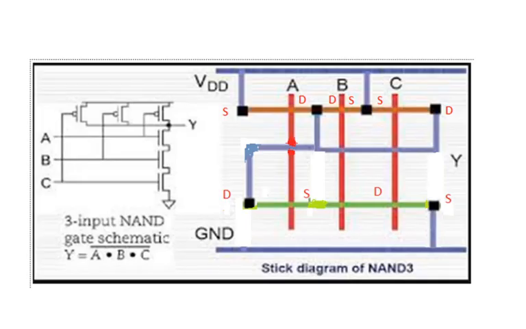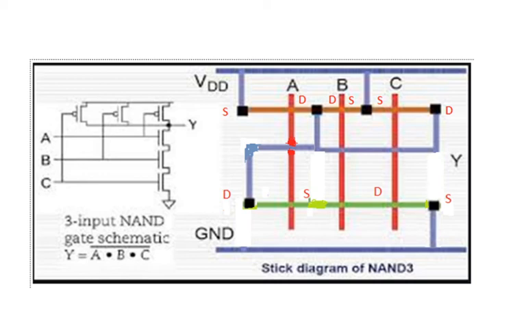Next is the stick diagram for a 3 input NAND gate. You know the expression for a 3 input NAND gate, y equal to (a dot b dot c) whole bar. Here the number of variables equal to 3, so 3 vertical lines. These are the gates of PMOS and NMOS transistors.